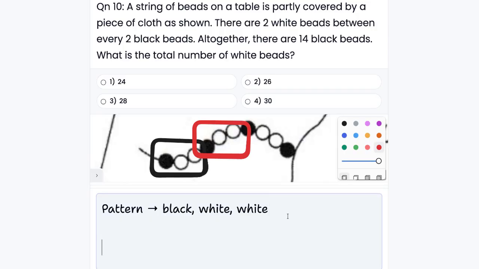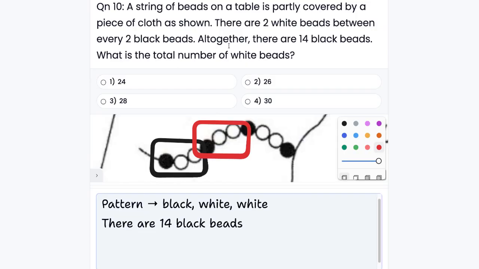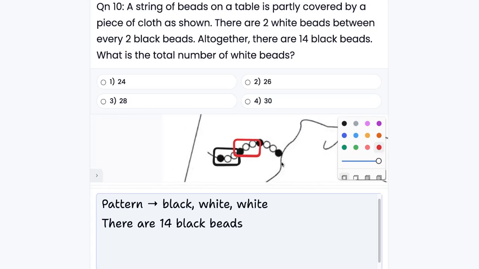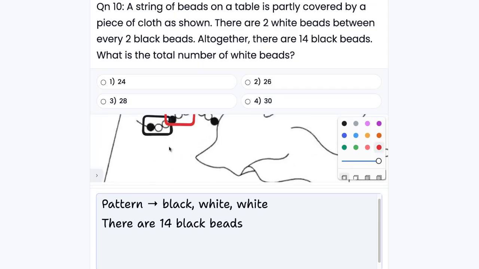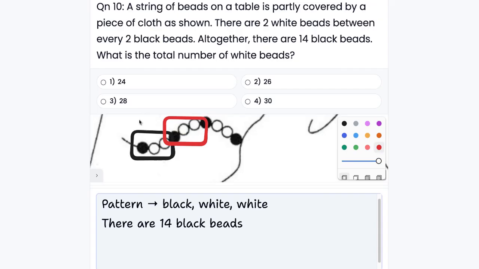So we know that there are 14 black beads. There are 2 white beads between every 2 black beads. From the picture over here, we know that there's black, white, white as well.